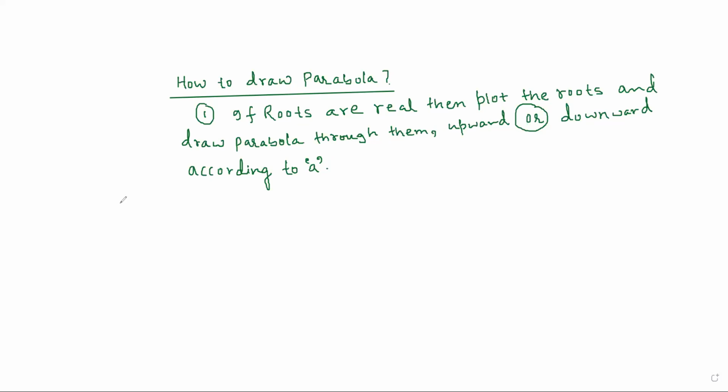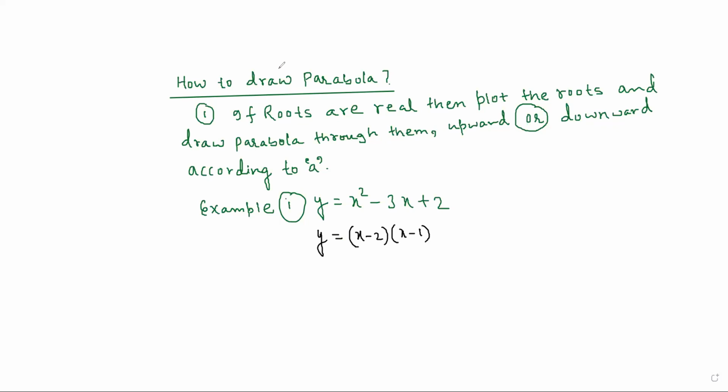Okay. So example 1, I'm just starting the session from the basic. Example 1 is y is equal to x square minus 3x plus 2. I think this is factorizable, so try to factorize it. Simply this is y is equal to (x minus 2)(x minus 1). This is the x-axis. One root is 2 and another is 1.